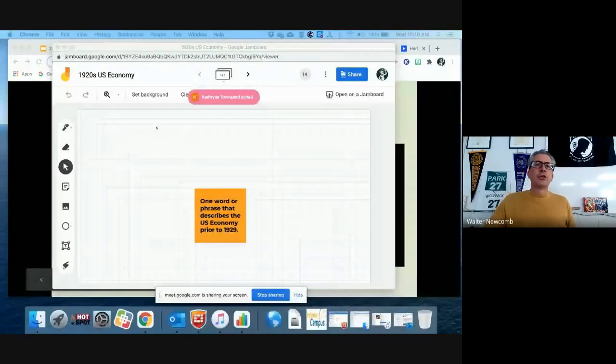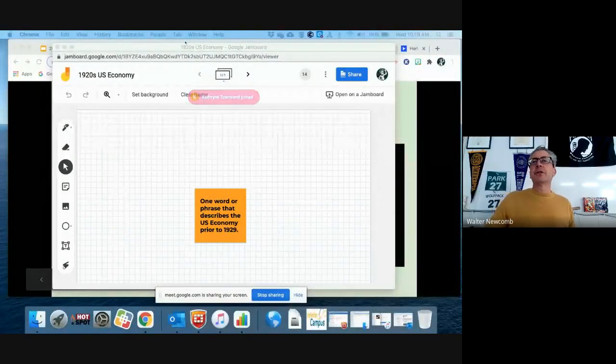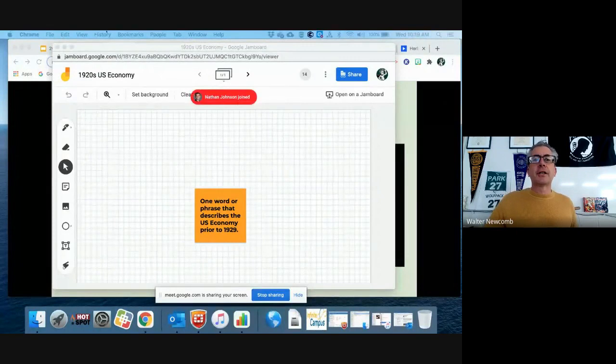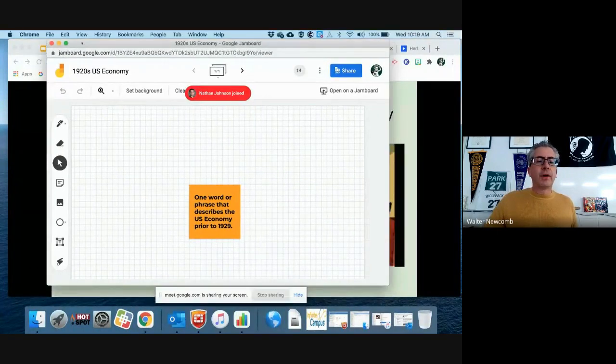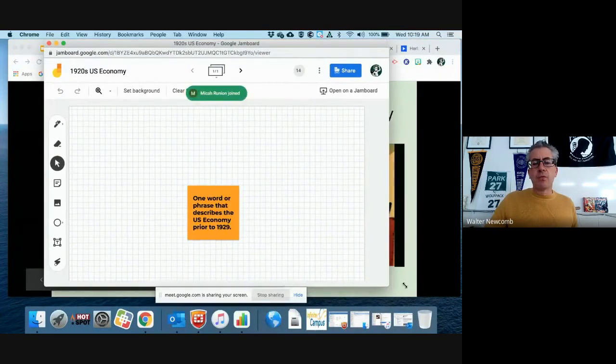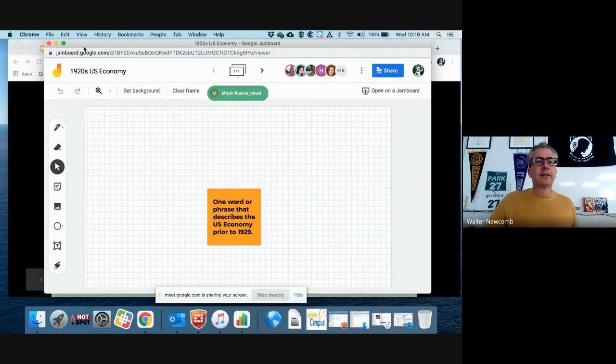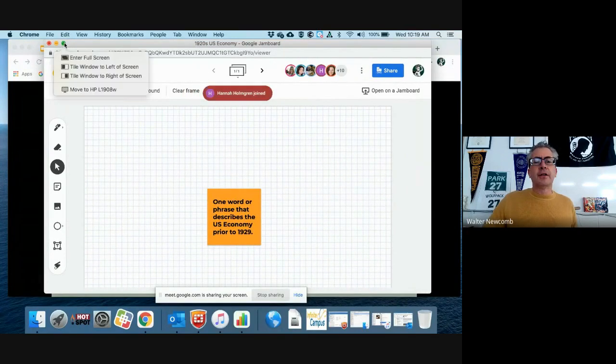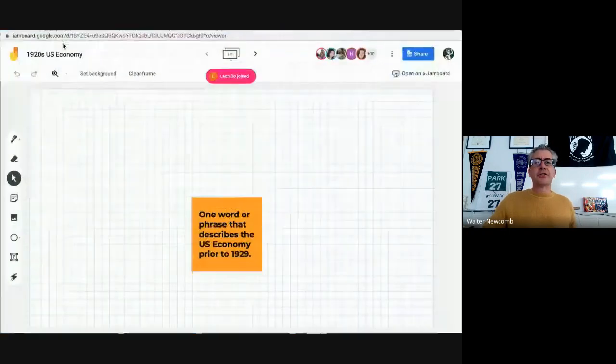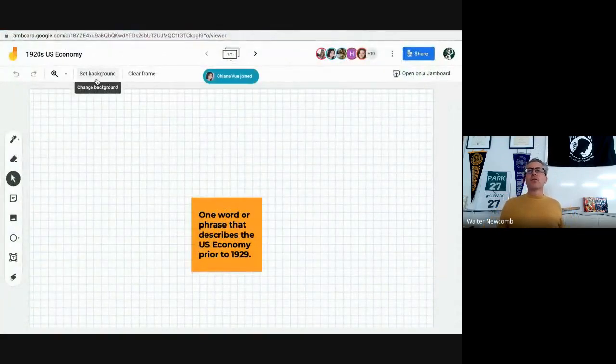Everyone should have access to it, and if for some reason you don't, please let me know. What I'm looking for here is one word or phrase that describes the U.S. economy prior to 1929. So we're looking at the 1920s here. Just put down a word or phrase.